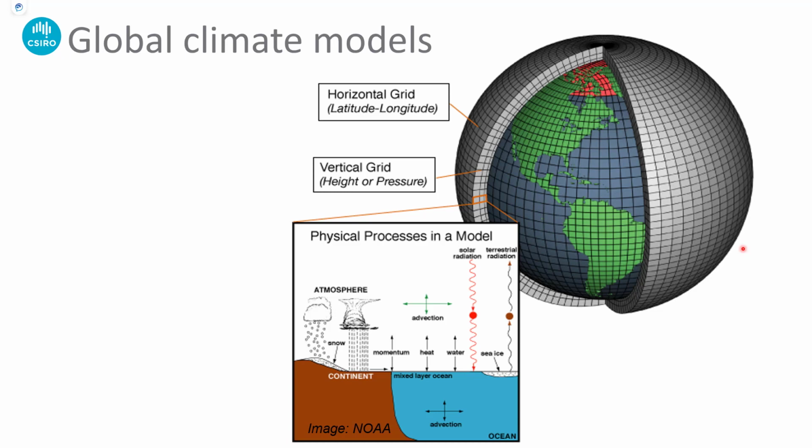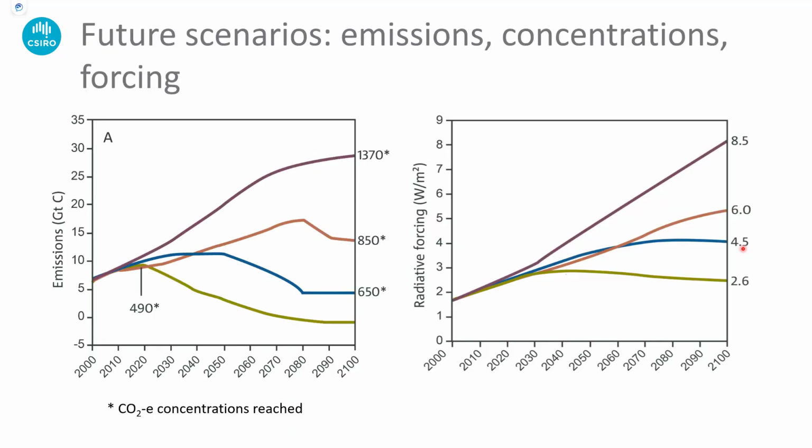We can use the climate model to simulate the climate of the planet. But we know that the amount of carbon dioxide and other greenhouse gases in the atmosphere is crucially important to the state of the climate. That's fine, but we don't know what the future greenhouse gas concentrations are going to be.